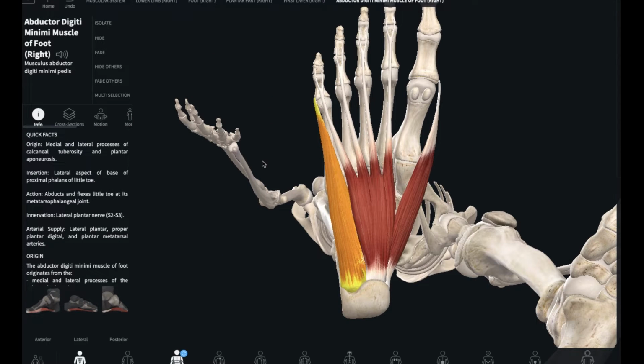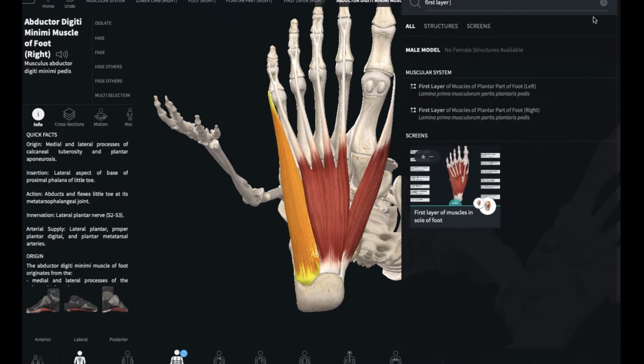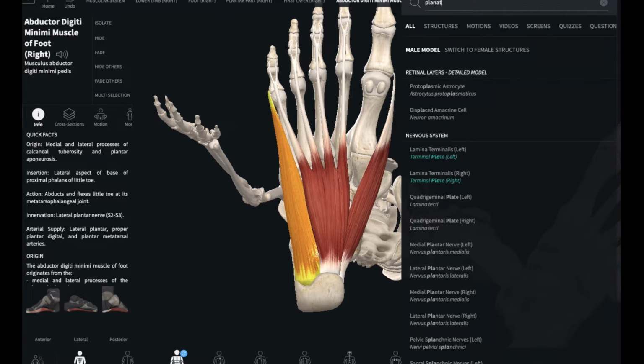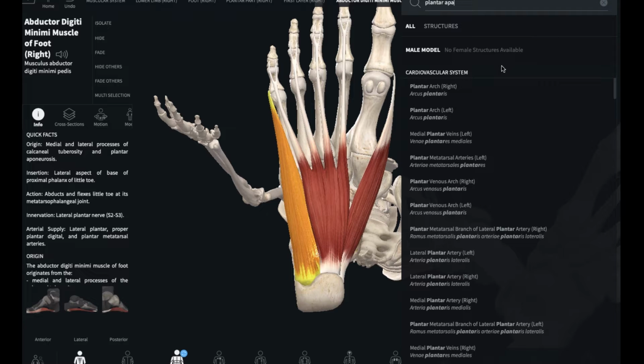Seems like there's extra. Okay, so right here, plantar aponeurosis, that's the origin. Medial and lateral processes. Okay, so it's on both. That makes sense, it's quite large. Plantar aponeurosis. How do you spell that?